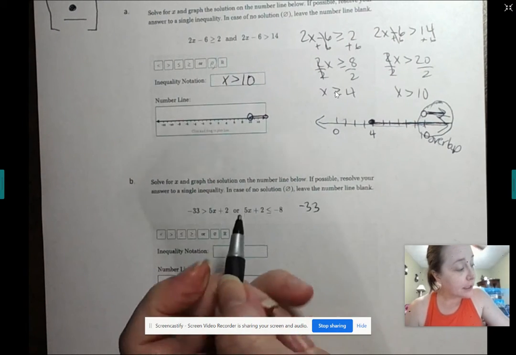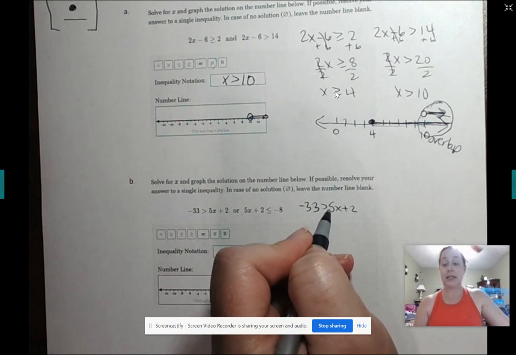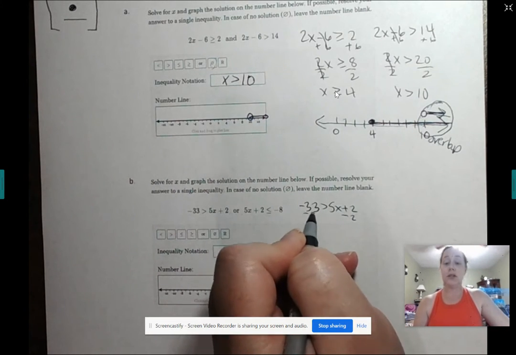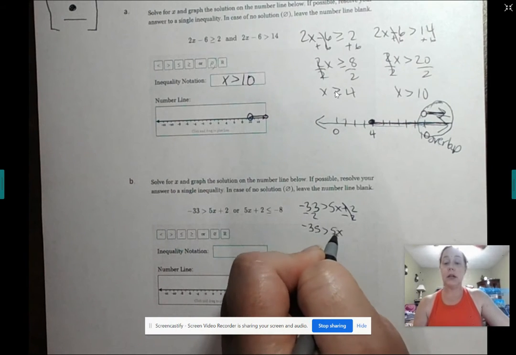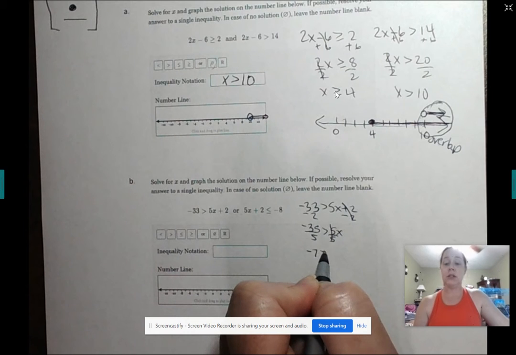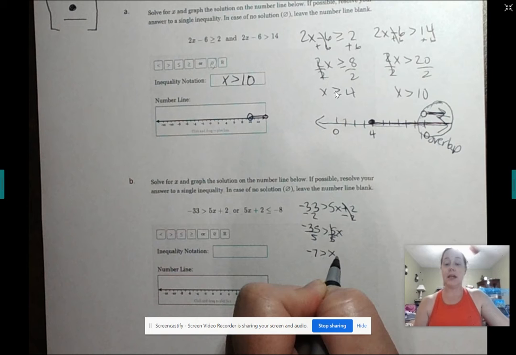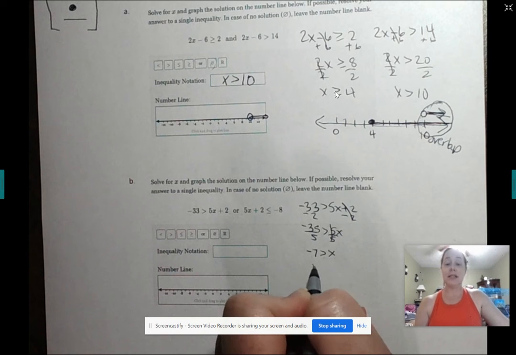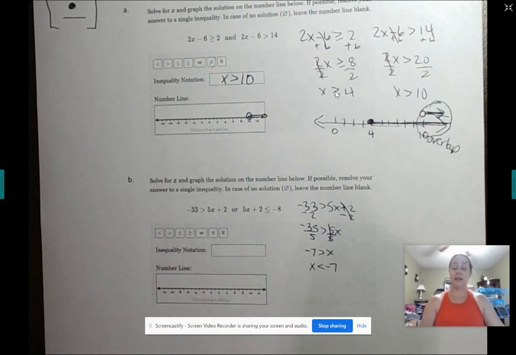Negative 33 is greater than 5x plus 2. You can keep x on this side. If you do, you just need to make sure that when you get your final answer, I'm not saying that you have to keep x on the left side, but typically that's the way that we look at our solutions. Negative 7 is greater than x, so that means x is everything below or to the left of negative 7.